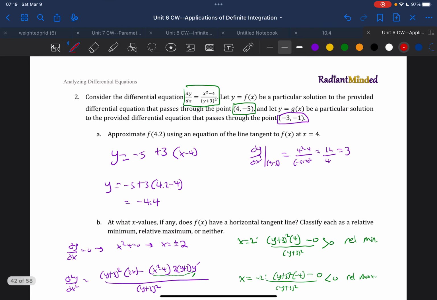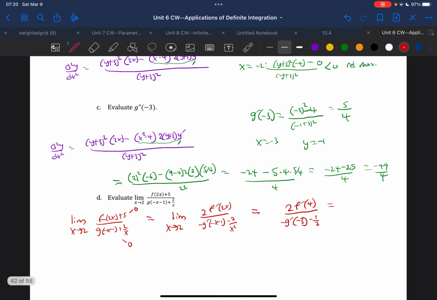So I gotta find f prime of 4. We actually did that in A. If you want to redo it, you can, but 4, -5, you plug into here to get the slope, and it was 3.